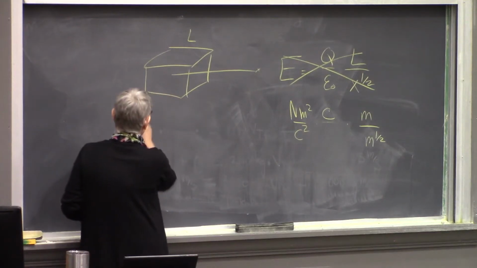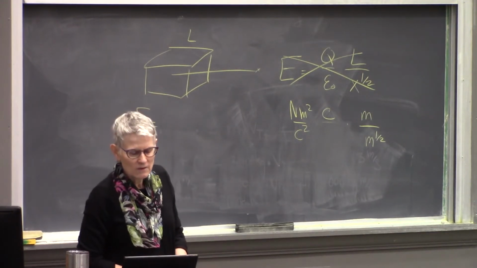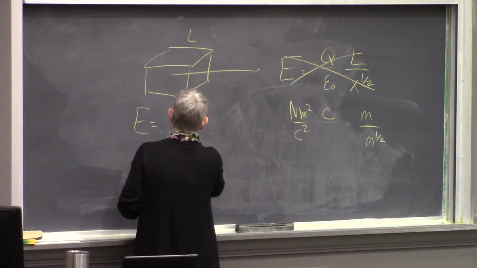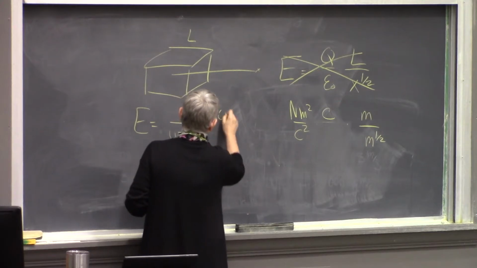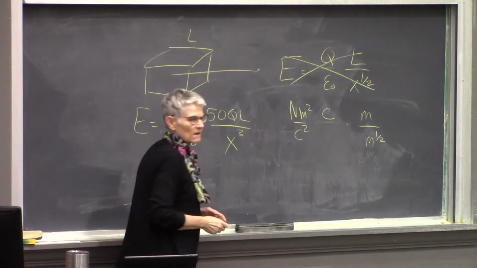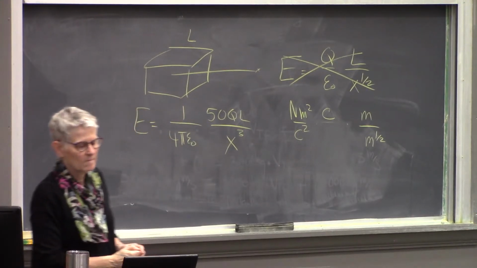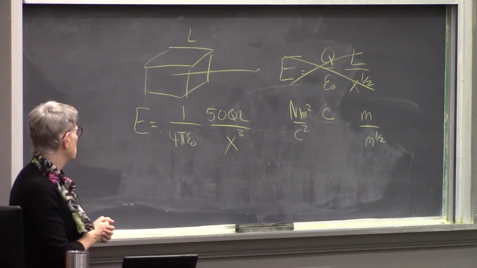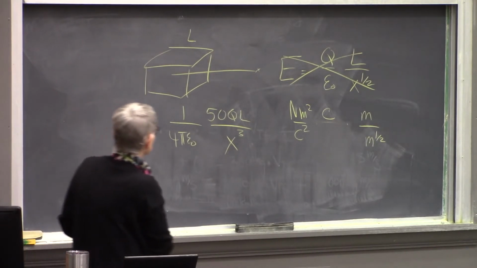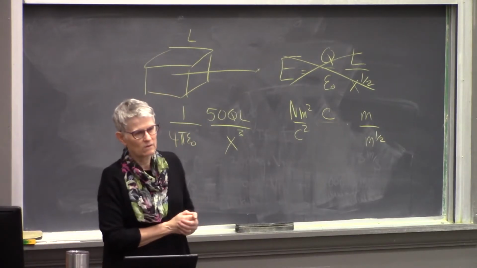And this time you get an electric field that's 1 over 4 pi epsilon 0 50 QL over x cubed. So what about the units?